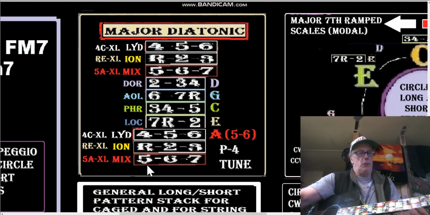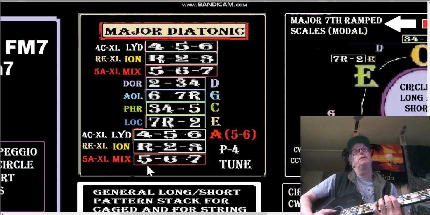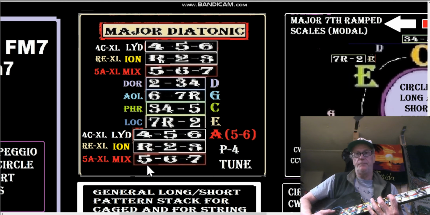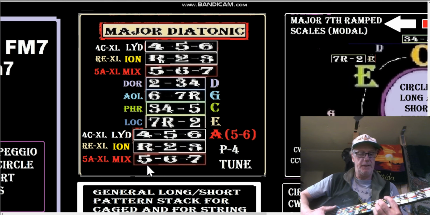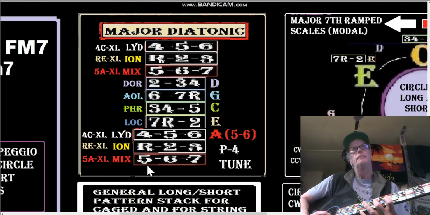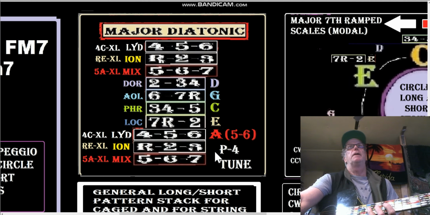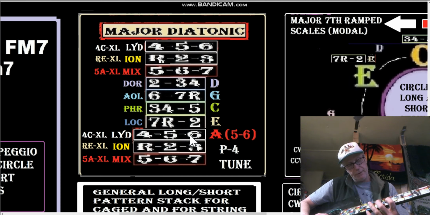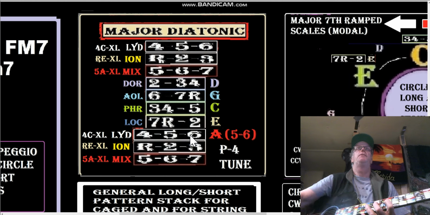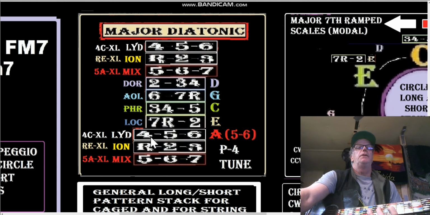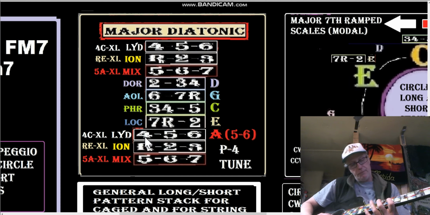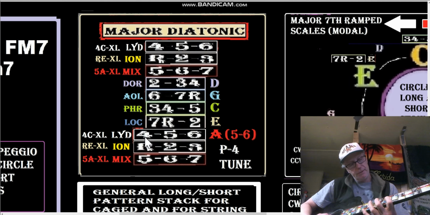Now we can, of course, build a diatonic scale in the A shape C here, right there. 5 6 7 root 2 3 4 5 6. Okay, look at this 4 here. But if we want to do the major scales, we're going to need 4 6 4 6 like that.